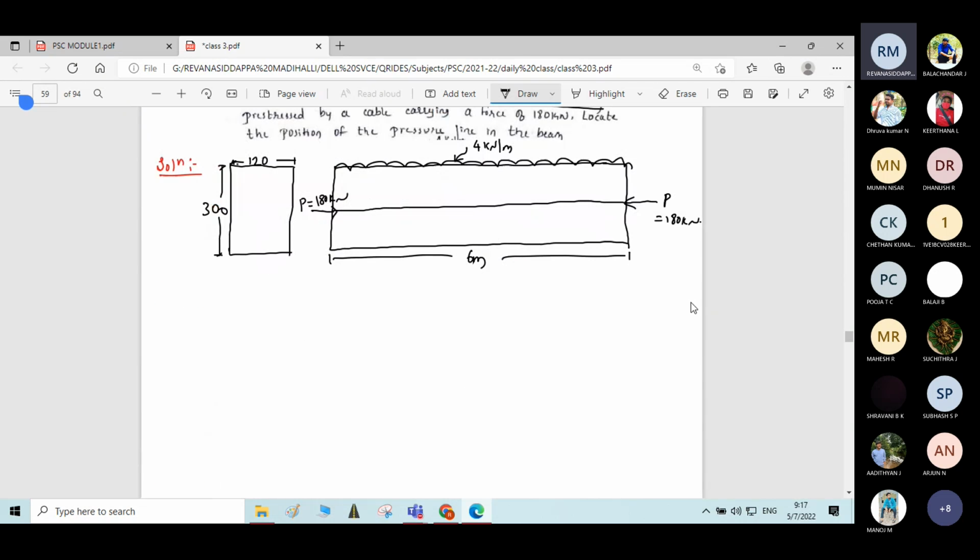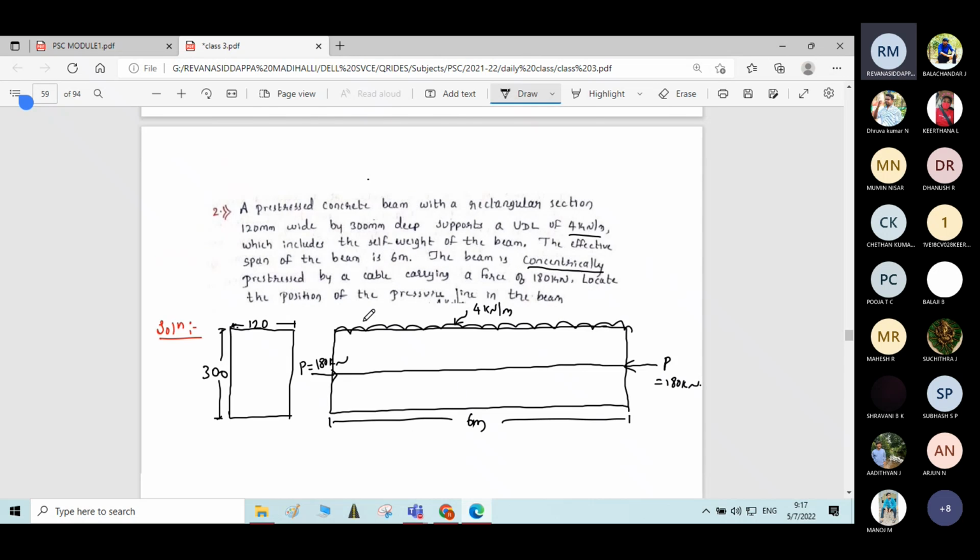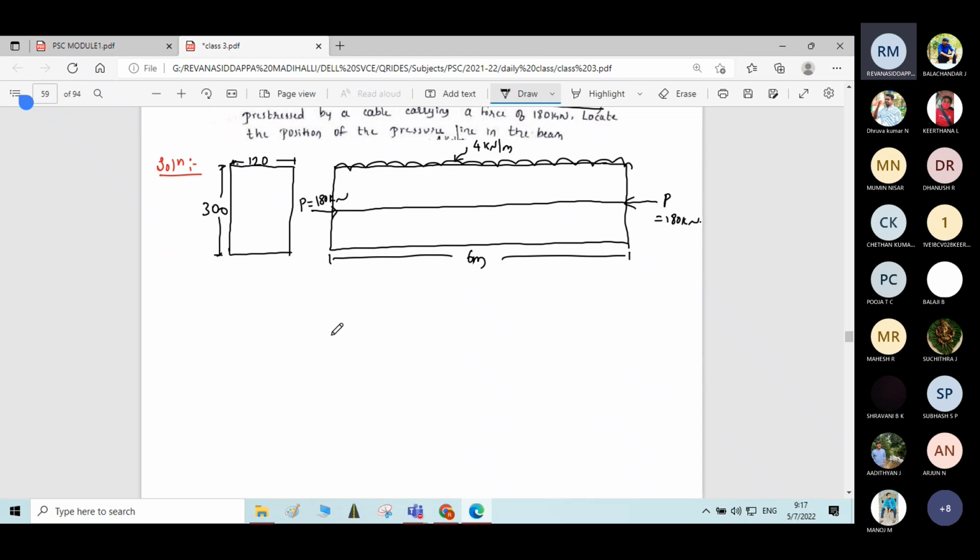Now here in this problem, he says that the prestressing force is a concentric prestressing force. The cable is passing through center of the section. So it is a straight cable. Okay, we can use e is equal to M by P formula here also.